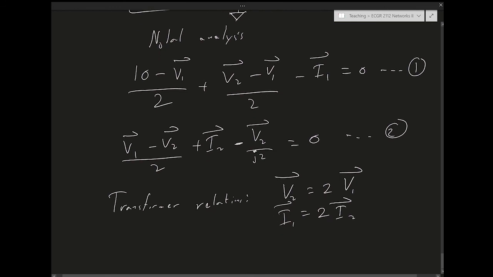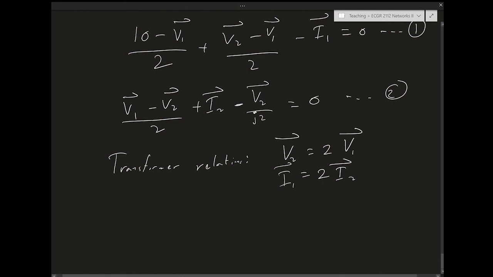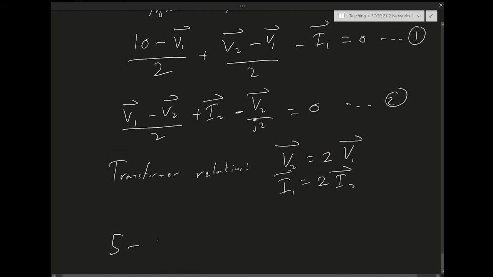Find I1. Well, let's do it. So 10 over 2 is 5 minus V1 over 2, and then V2 we said equals simply 2V1, so it's going to be plus 2V1 over 2 minus I1 equals 0.